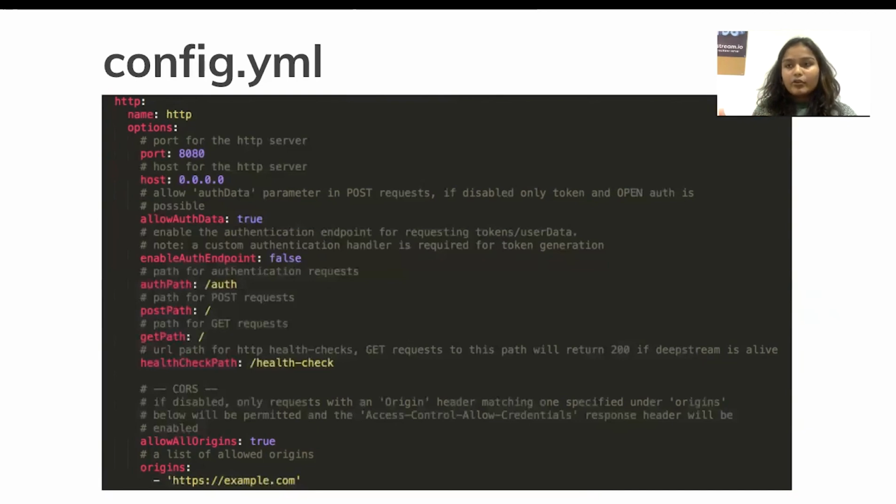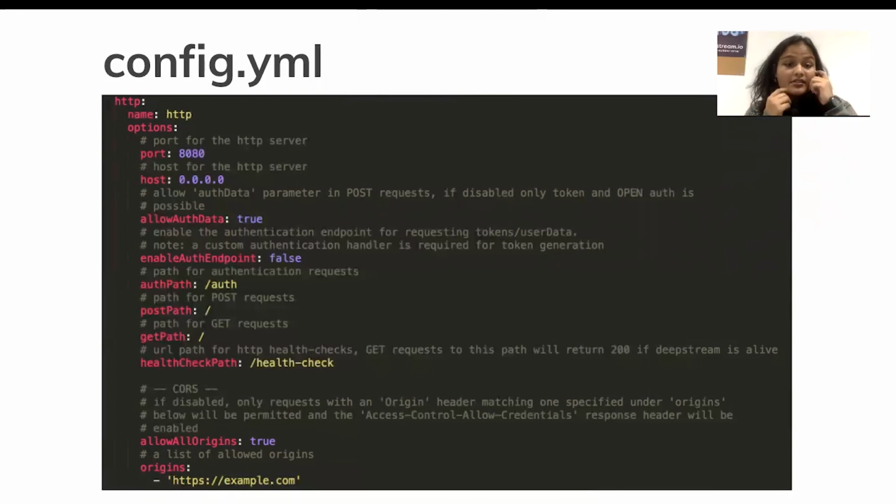One is the auth endpoint where you will send the authentication data and you will get a response back as a token or some other client data. And there is the general HTTP endpoint URL to which you will post all the other subsequent requests, like emitting an event or reading a record, etc. We'll see examples of all these further on. But this authentication is only possible if you allow this auth data and set this flag to true.